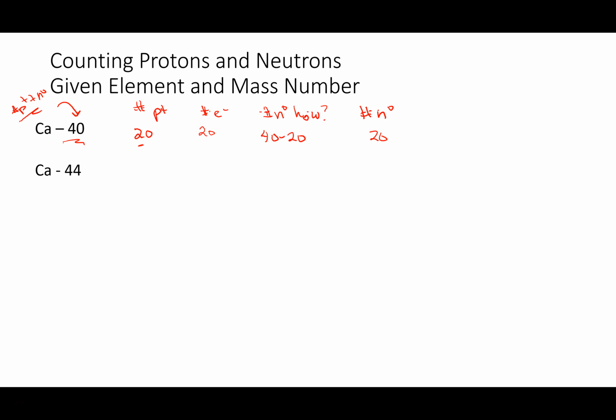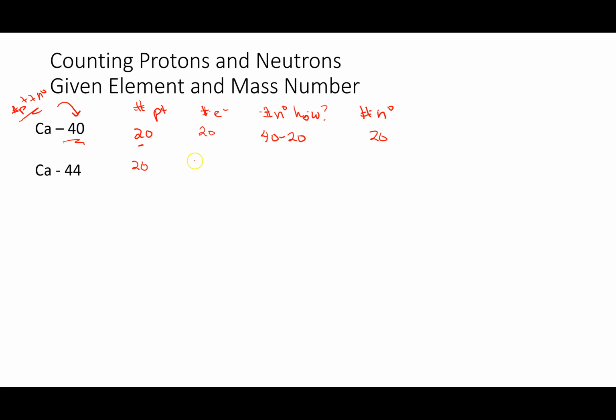Up to you, Miss Jasmine. We're picking on now, still calcium. How many protons? It's not a trick question. It is 20. 20 protons. It stayed the same. Nadira, how many electrons if it's neutral? 20?